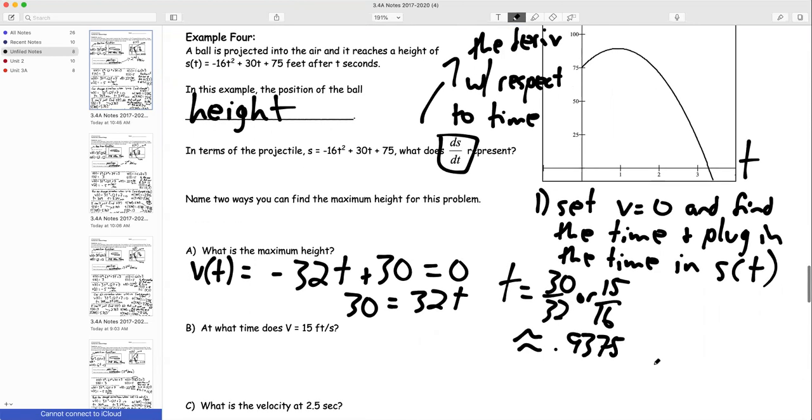So I want to find S of 0.9375. So take your little calculator, put in the position equation, and find S of 0.9375.